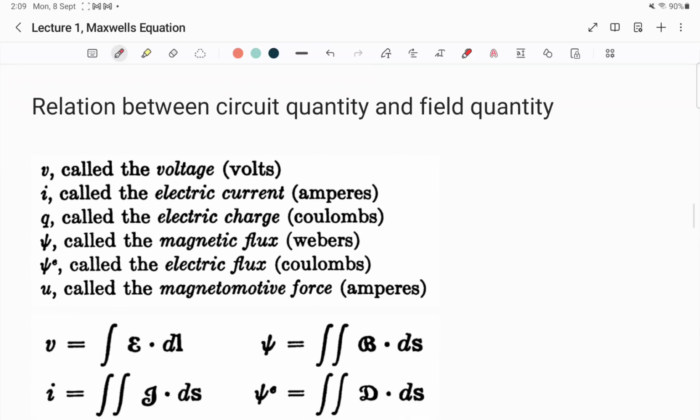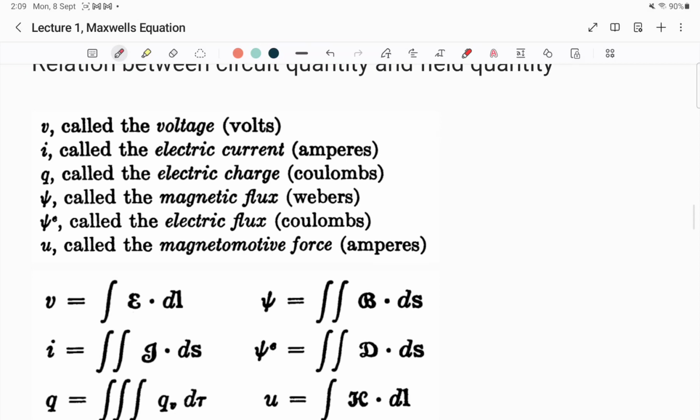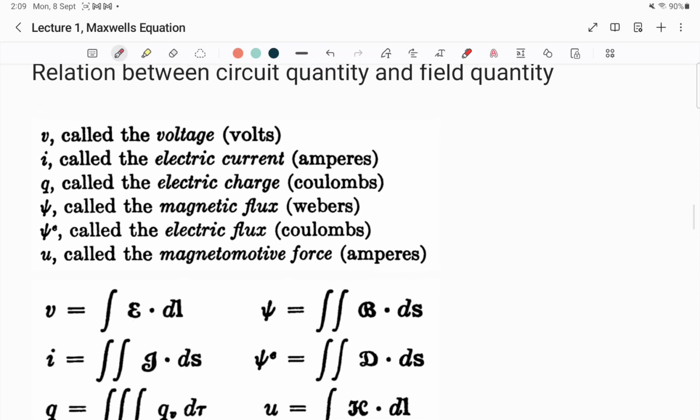Now let us see how to find the relationship between the circuit quantity and field quantity. So we all know that V is the volts, I is electric current, Q is electric charge, psi is magnetic flux, psi superscript E is electric flux, and U is magnetomotive force.